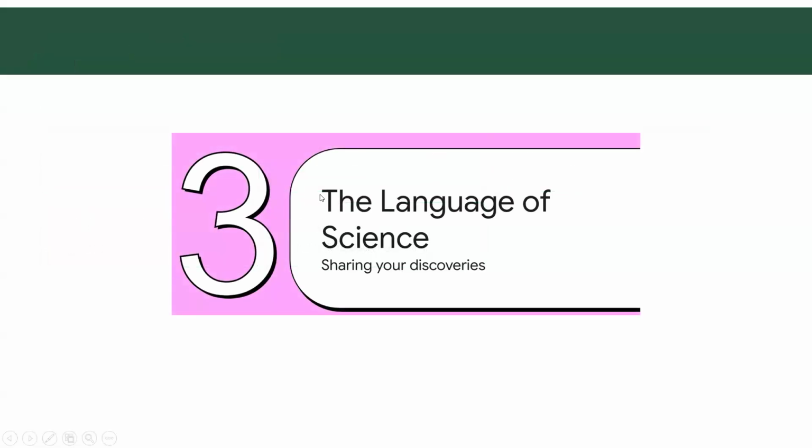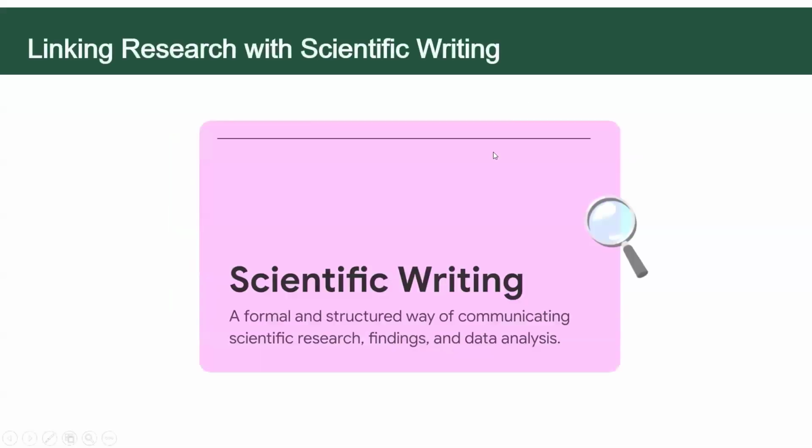And now there comes the language of science. You have done a beautiful research. You have studied multiple parameters and multiple methodologies. But now it's time to share your discoveries, your research, with the world, with the scientific community. For that, you are going to use scientific writing. How will you link your research with scientific writing? Scientific writing is a formal and structured way of communicating your research.